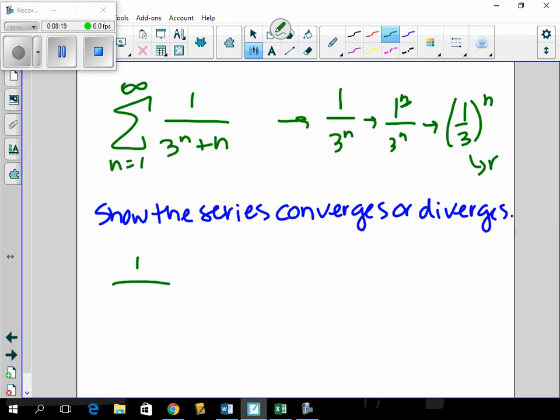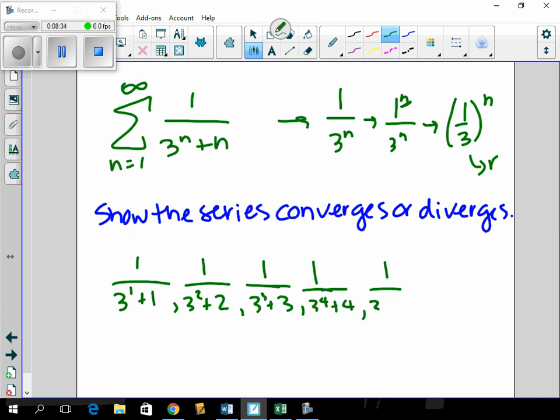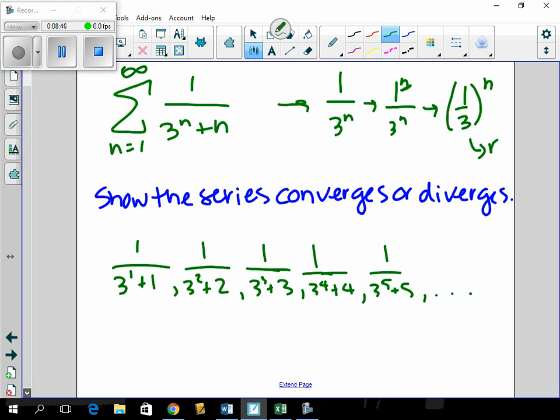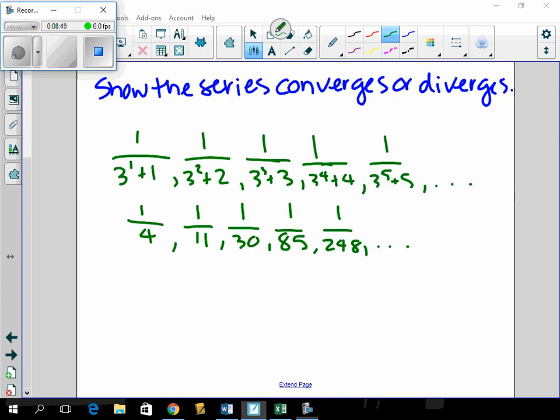So 1 over 3 to the 1 plus 1, 1 over 3 squared plus 2, 1 over 3 cubed plus 3, 1 over 3 to the 4th plus 4, 1 over 3 to the 5th plus 5, and dot, dot, dot. And when I use infinite series, I do want to put in that dot, dot, dot, because it keeps going. For infinite series, it doesn't stop.